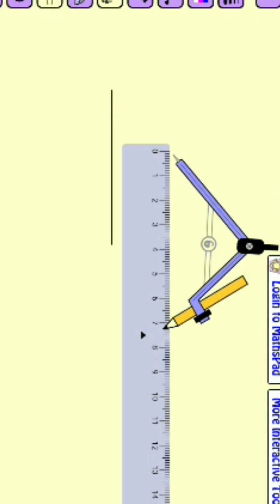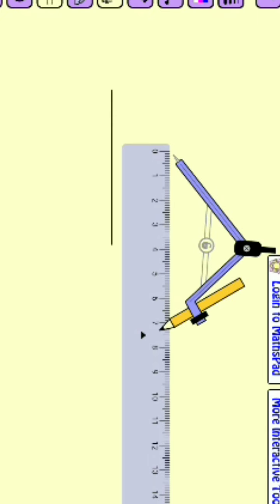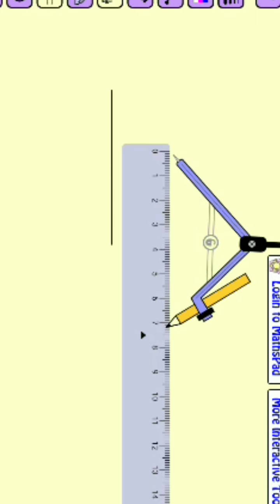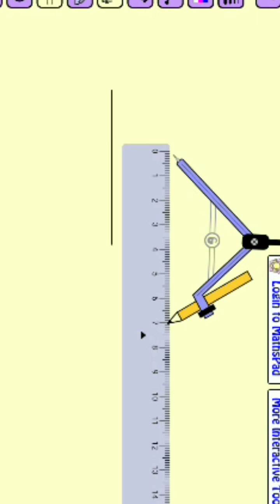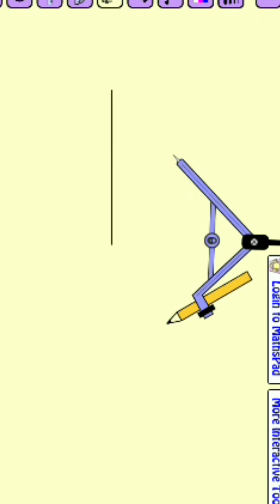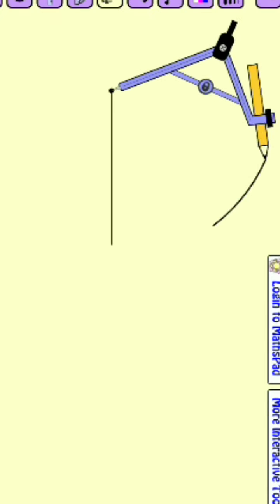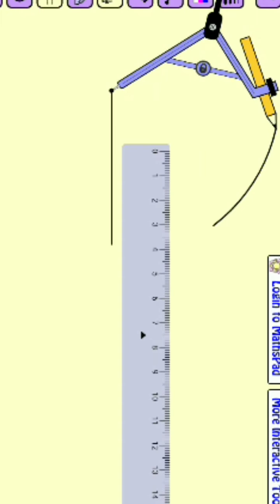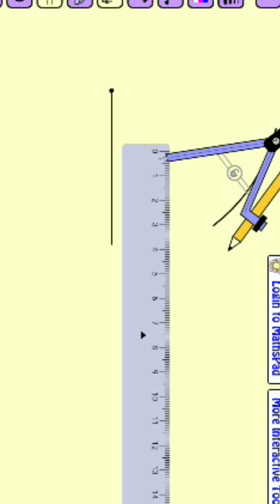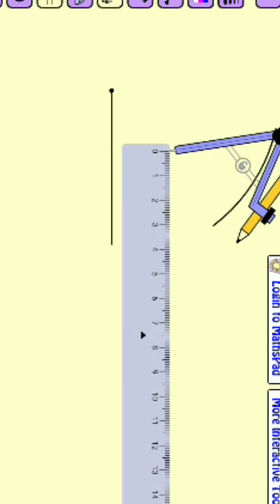So let's take 7 centimeter in our compass. Draw the arc. Now we have to take the distance QR of 5 centimeter. Open your compass up to 5 centimeter.